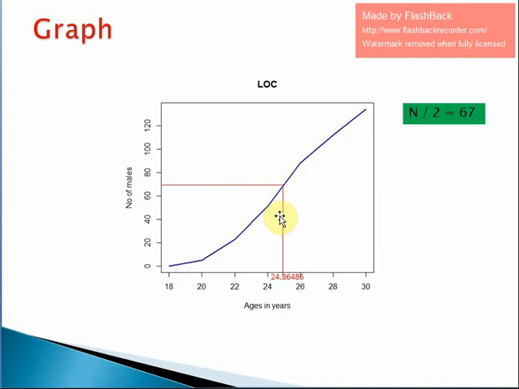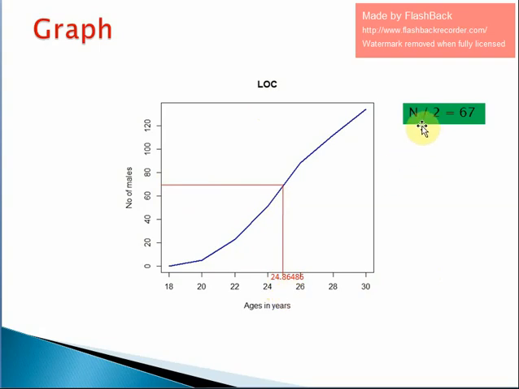Locate this point and draw a vertical line to the x-axis. If you draw a vertical line to the x-axis and read the point on the x-axis, that will give the value of median. In this case, the value of median is 24.8648. In this way, by using the LOC, we can locate the value of median.